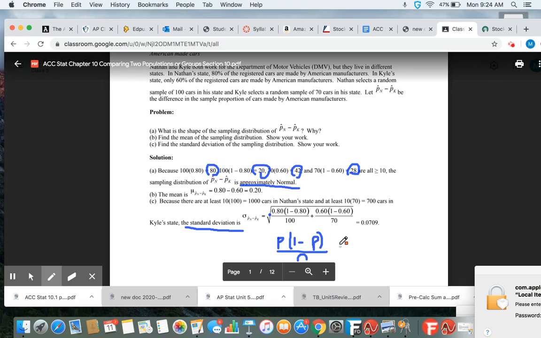And the same thing over here with the other proportion. Again, it would just be p times 1 minus p over n, and it would be the square root of whatever we would get there, right? All this is underneath the radical, and that gives us our spread or our standard deviation.